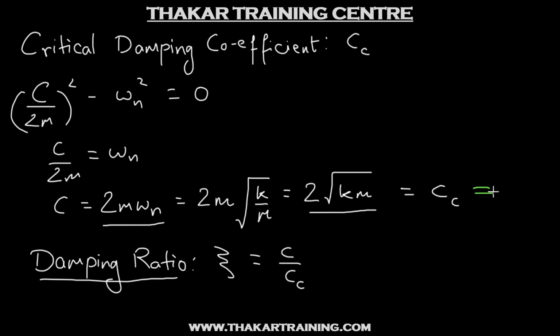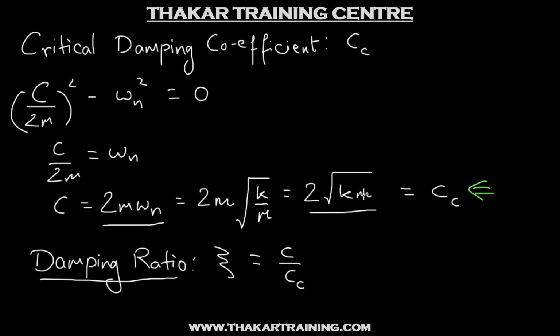This is an important term for a free damped vibrating system. The value of Cc depends only on the spring and the mass of the system. It does not depend on what damping is provided. In fact, the damping provided decides the type of motion and the type of system, underdamped, overdamped, etc.